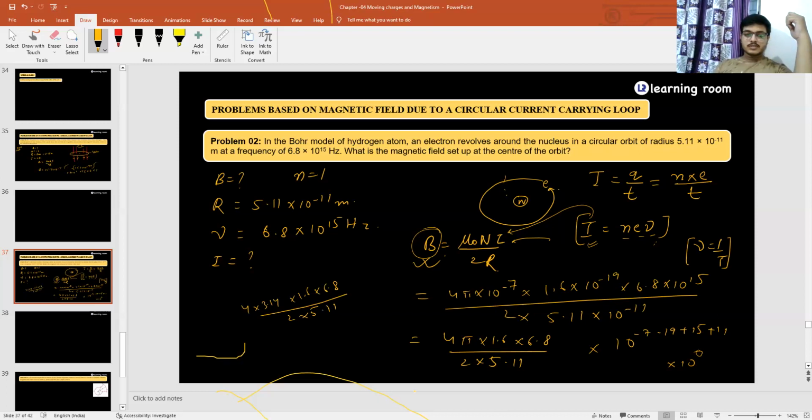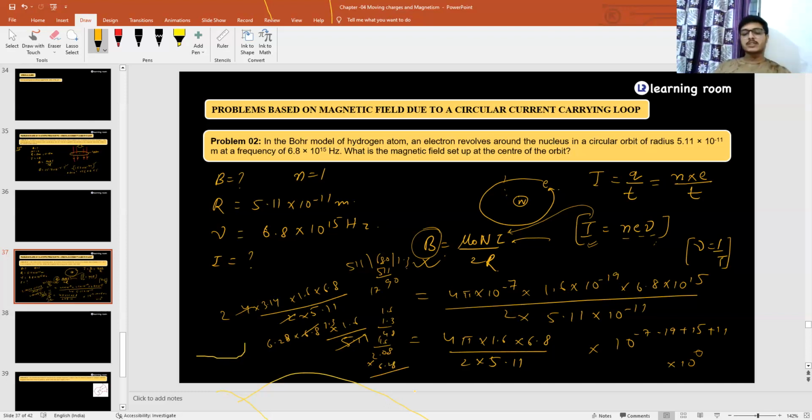So if I take this as 2, 6.28 into 6.8 into 1.6 by 5.11. 1.03, nearly 1.3, 1.6 into 1.3, that is 2.08, 2.08 into 6.28. Tell me, what is 2.08 into 6.28?